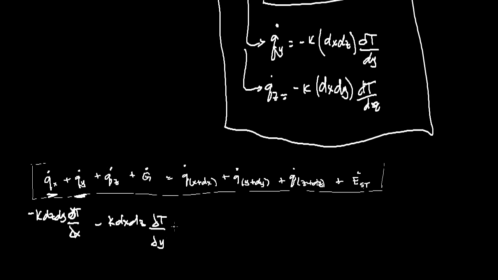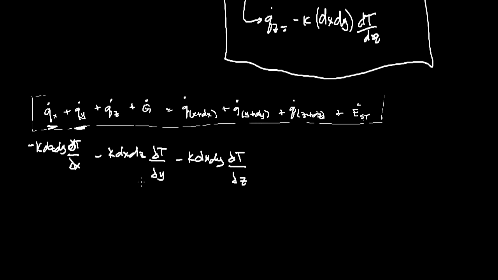And for qz, we have negative k dx dy, dT over dz.